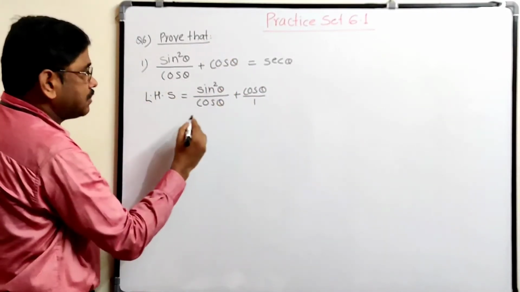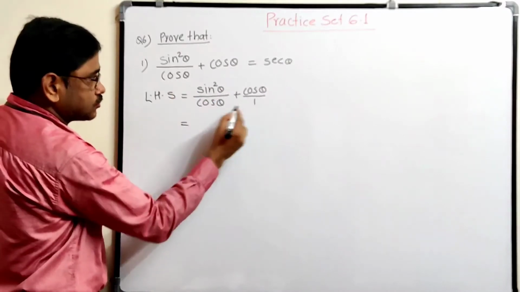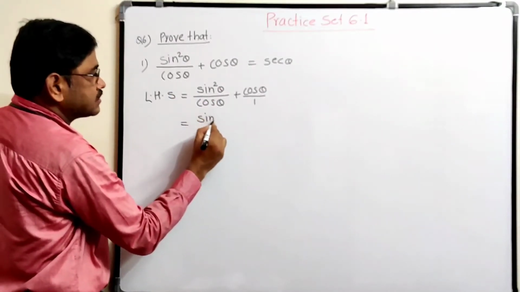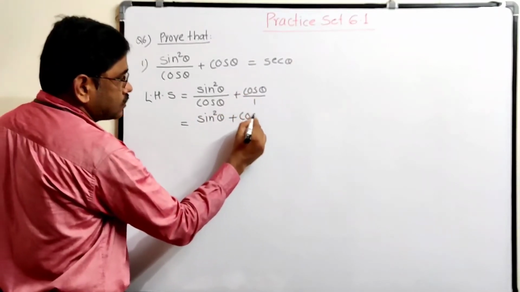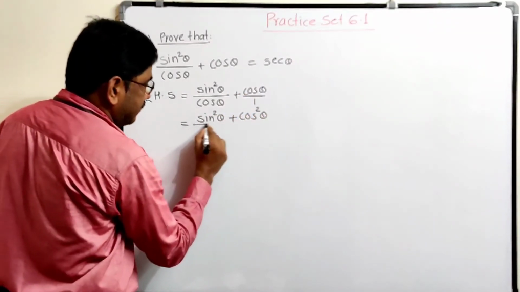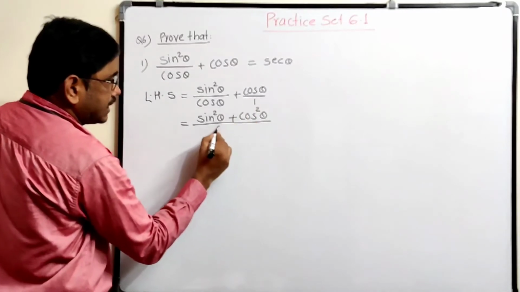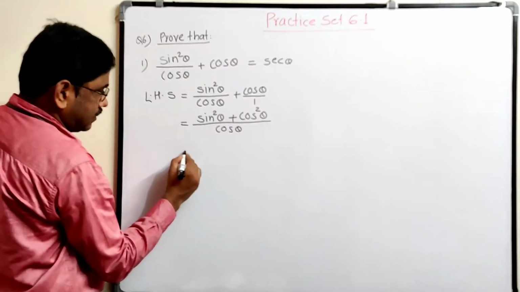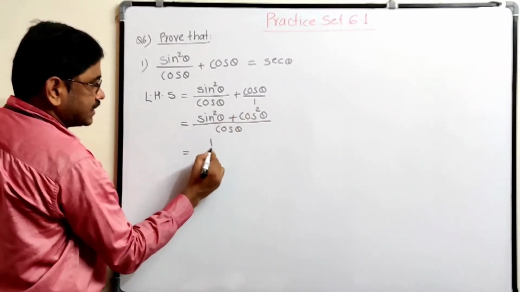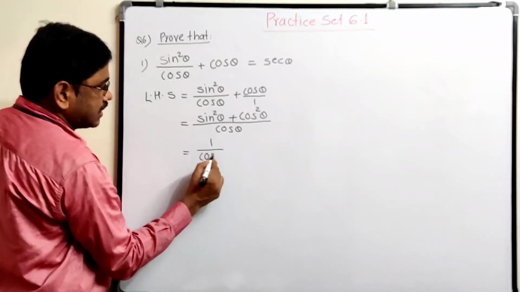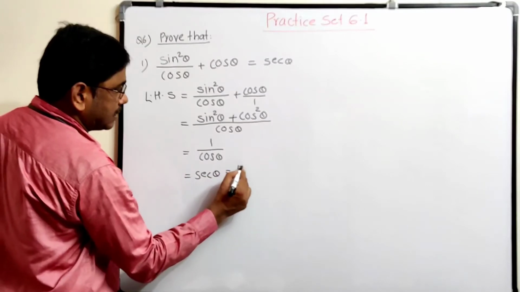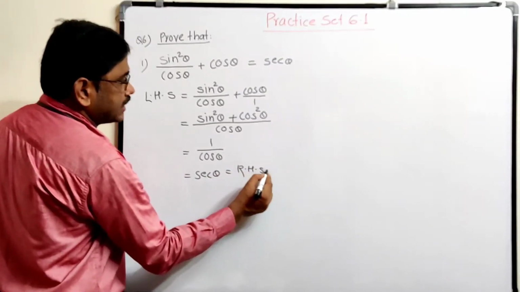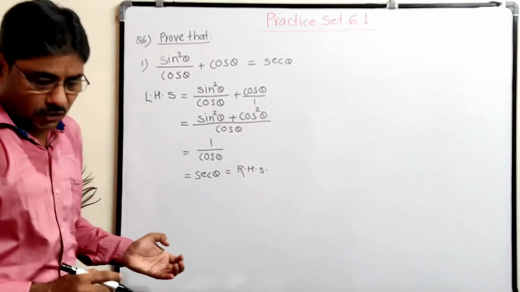By cross multiplication: sin square theta into 1 is sin square theta plus cos theta into cos theta is cos square theta, and divided by cos theta into 1 is cos theta. But sin square theta plus cos square theta is 1, so this is 1 upon cos theta, and 1 upon cos theta is sec theta, which is equal to our RHS. So in this way easily we can solve that sum.